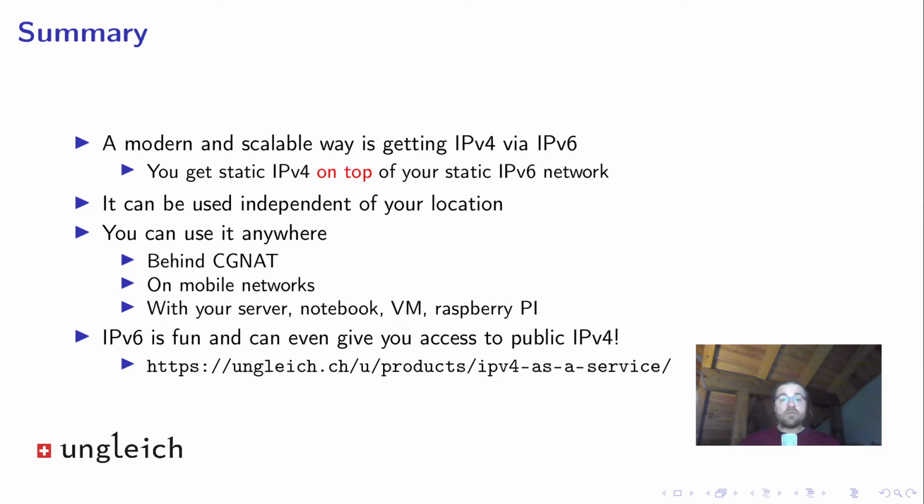You have a lot of IP addresses. You always have them. Even with just a single VPN, you get 80 bits of IP address space for yourself. And you can think very easily with IPv6. And that's the cool thing. On top of that, you can also have IPv4, but you don't even need to think about it anymore, because IPv4 is just a little bit smaller than IPv6 and comes via IPv6.